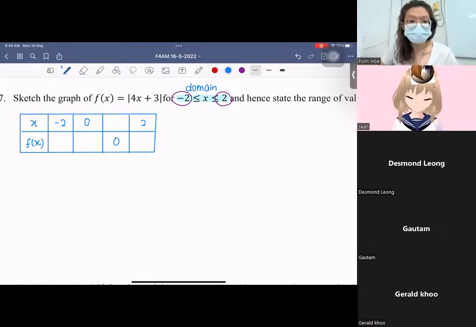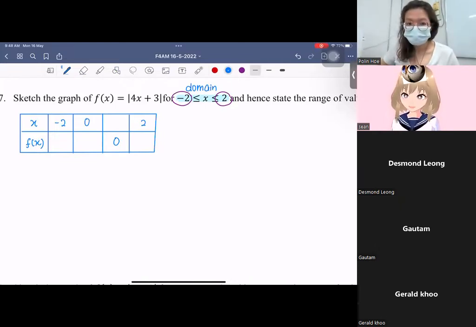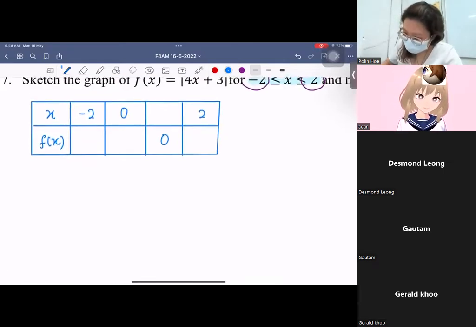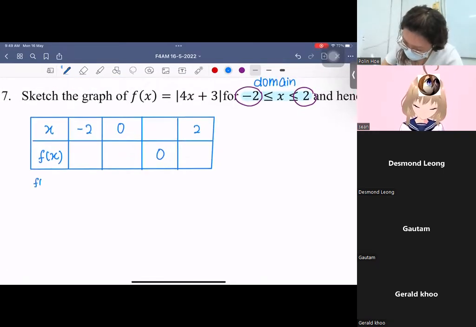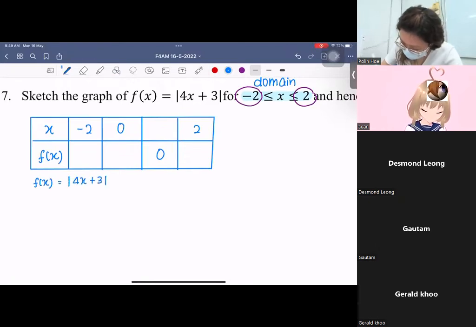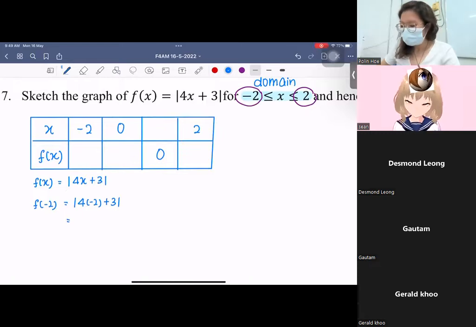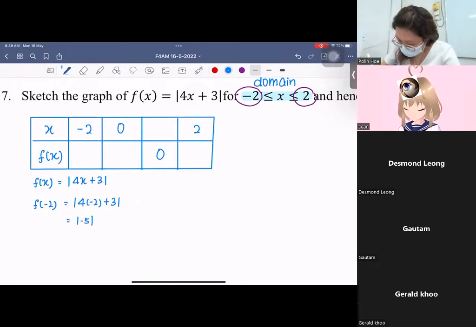Okay? Then you use your calculator to help you. f(x) equals 4x plus 3. f(-2) equals 4 times -2 plus 3, which is -5.